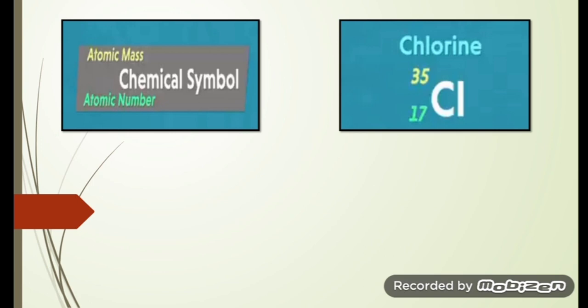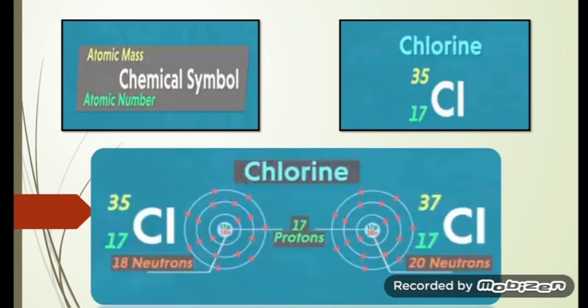Yes, there are some chlorine atoms which have 20 neutrons instead of 18 neutrons in the nucleus. But how to represent these types? These types of atoms are represented in the form of isotopes.